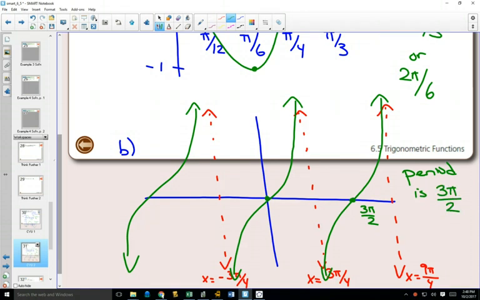Three pi over 2, or if you added these two parts together and had 6 pi over 4, that would be fine, because 3 pi over 4 plus 3 pi over 4 would make 6 pi over 4. Now, does that make sense? What was the period originally for tan? It was pi. And we've multiplied by 3 over 2 because we did a stretch. So now our period is 3 pi over 2.